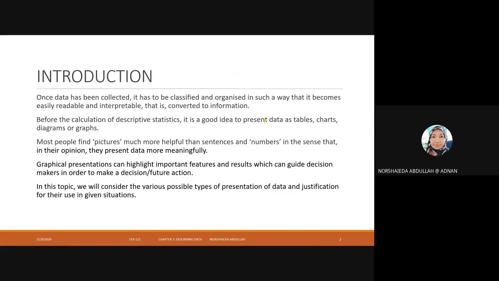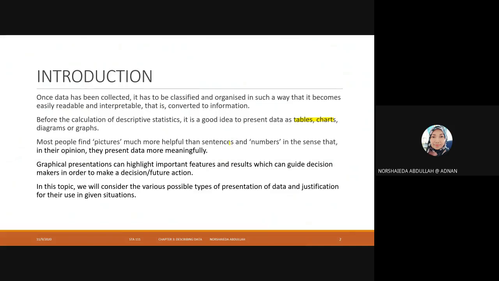We present the data in the form of a table, chart, diagram, or graph. This is because most people find a picture to be more helpful than numbers, right? So before we do the calculation, we figure out the figure.